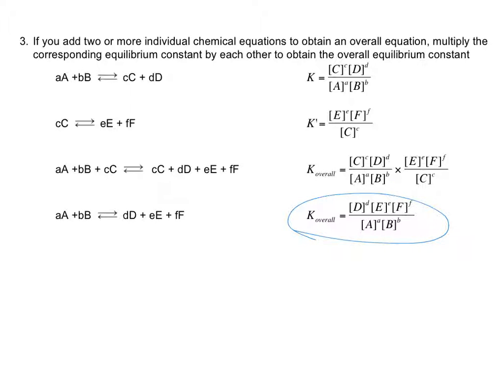You can also get that by doing this K times this K, which is what's shown here. And what you see is that these C's cancel out, and that gives you the new equilibrium constant that we just found down here. So the K overall in this case is equal to K times K prime.